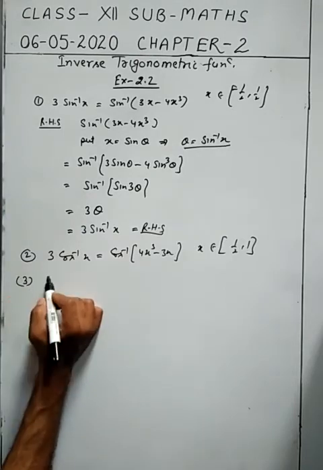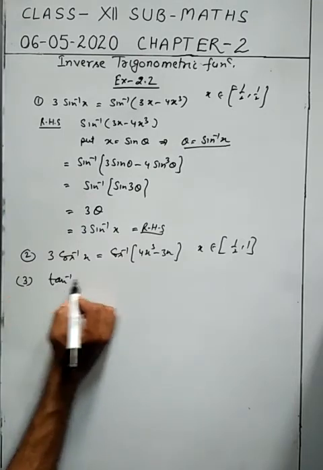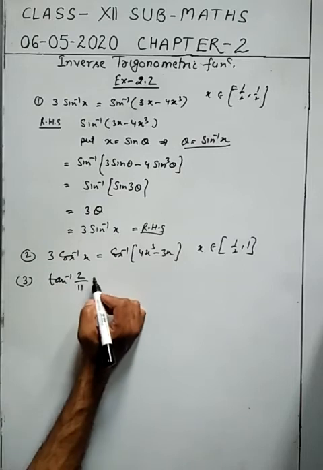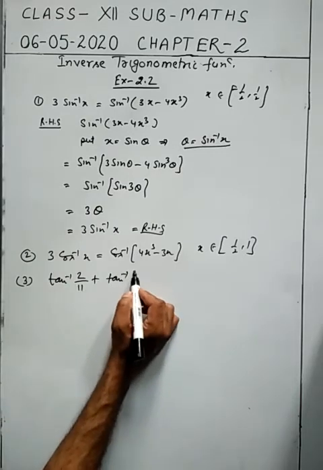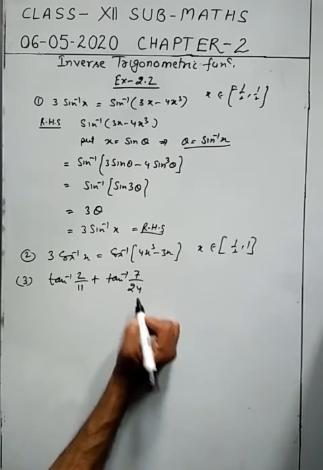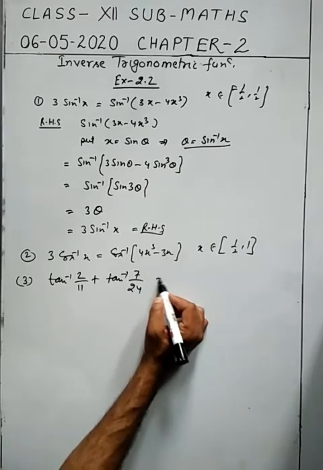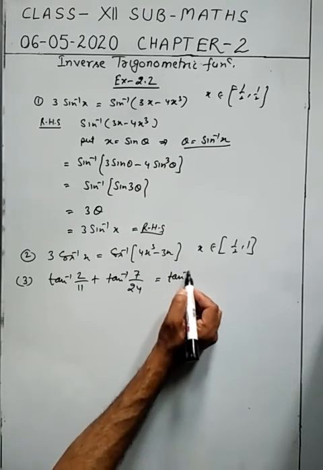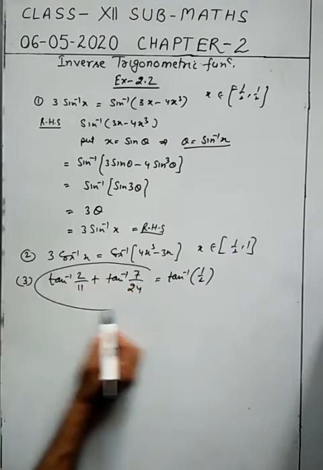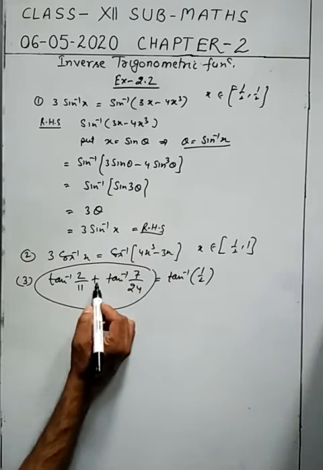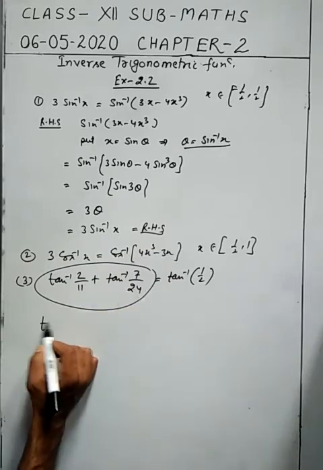Question number 3: tan inverse 2 by 11 plus tan inverse 7 by 24, and we have to prove it equals tan inverse half. In this we are using the identity tan inverse A plus tan inverse B. What was the identity?